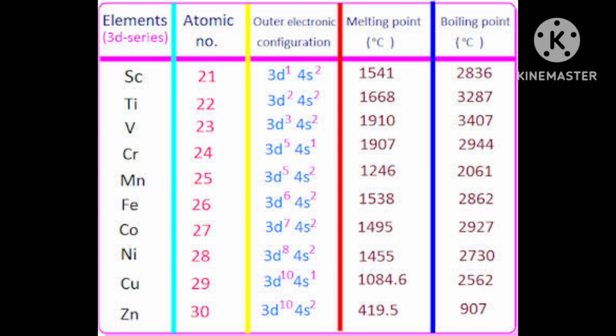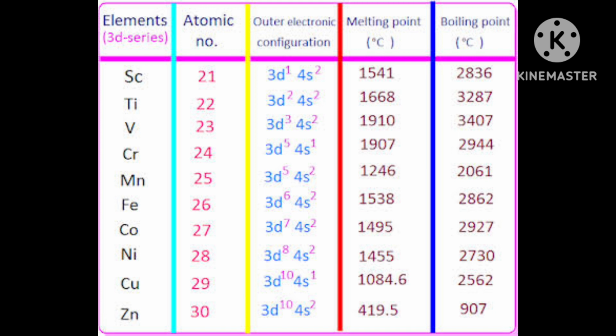Now I am telling about the lattice structure of transition metals. First, scandium, Sc. It is found in an HCP structure, hexagonal close packed lattice. Titanium's lattice structure is also HCP.